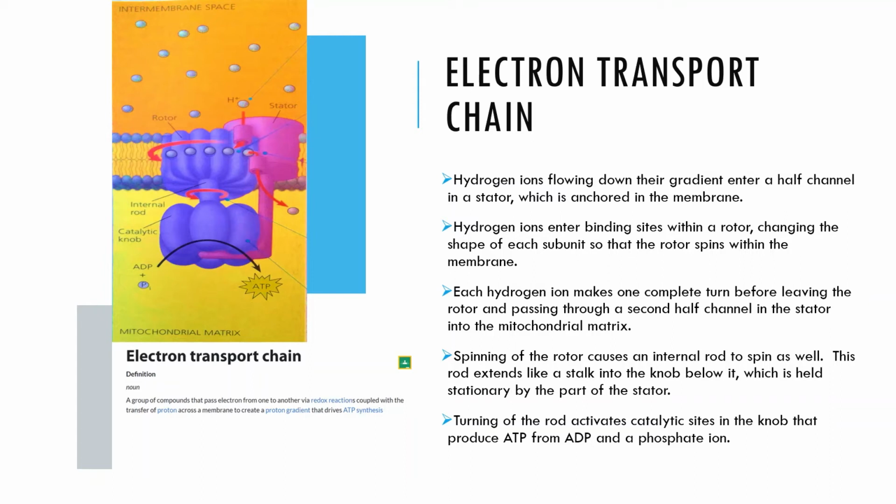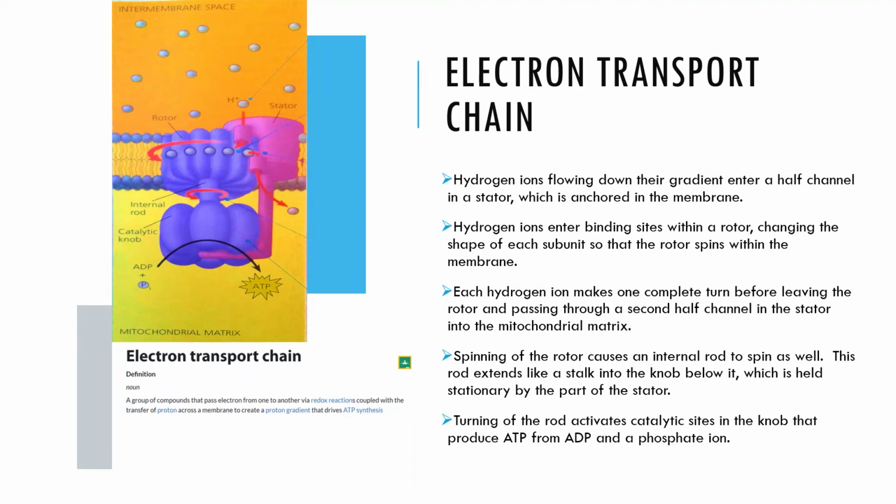This rod extends like a stalk into the knob below it, which is held stationary by the part of the stator. Turning of the rod activates catalytic sites in the knob that produce ATP from ADP and a phosphate ion. So essentially when all these ions go into this complex, there are conformation changes that make this complex rotate and spin, much like a rotor.